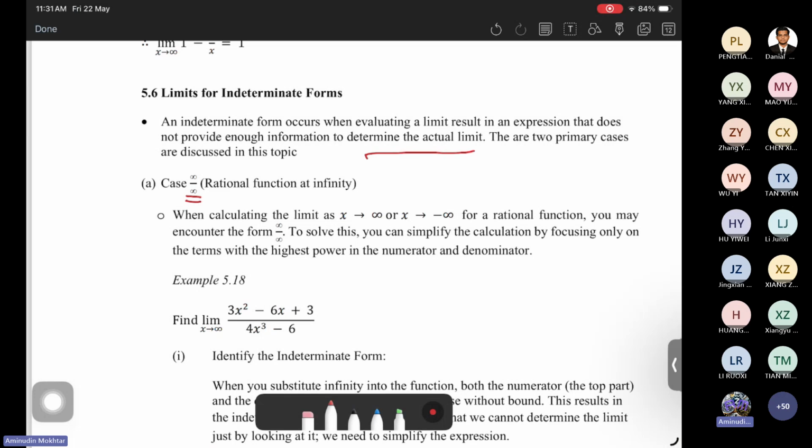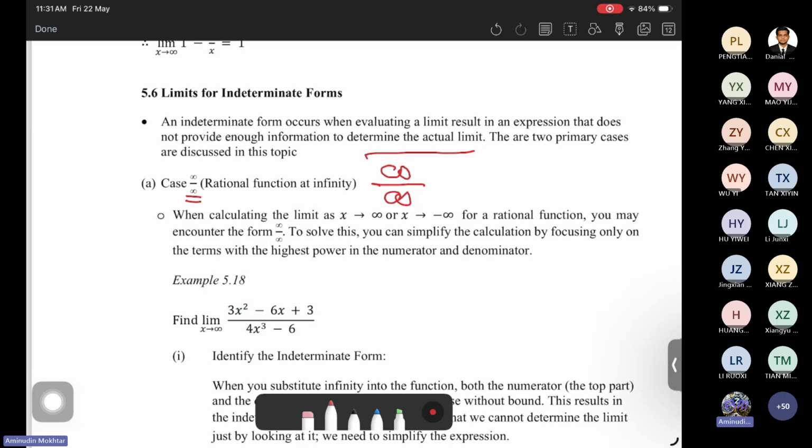The first case is the rational function at infinity. In other words, when we see infinity divided by infinity, or negative infinity divided by negative infinity, when calculating the limit as x approaches infinity, or negative infinity, for a rational function.